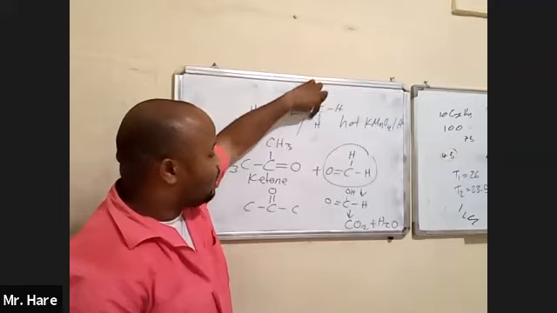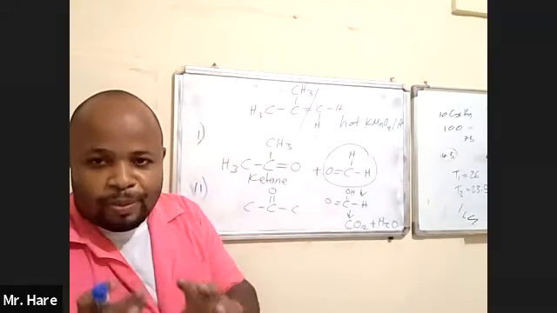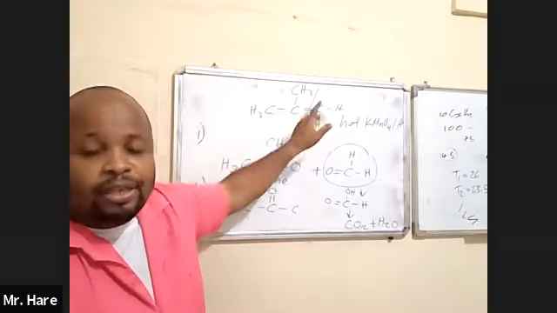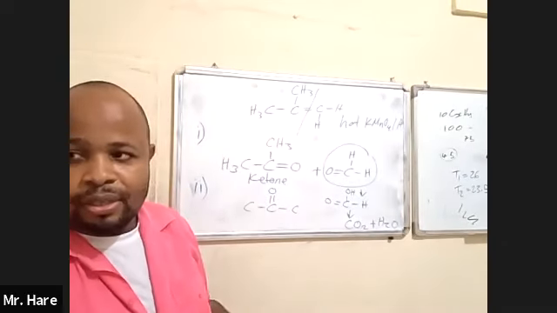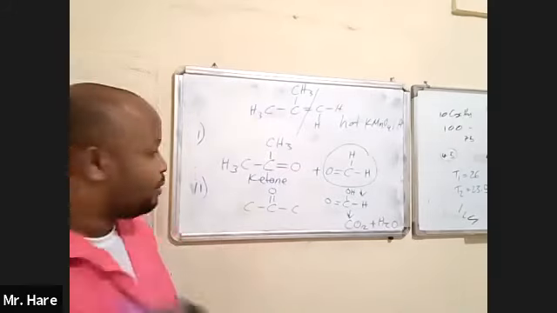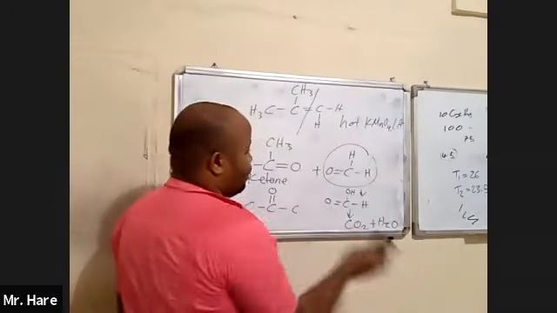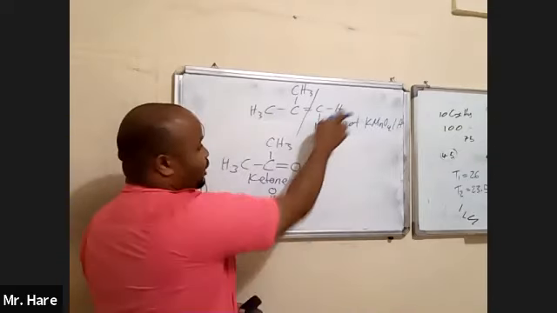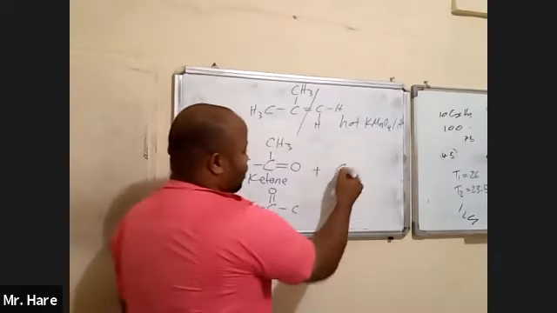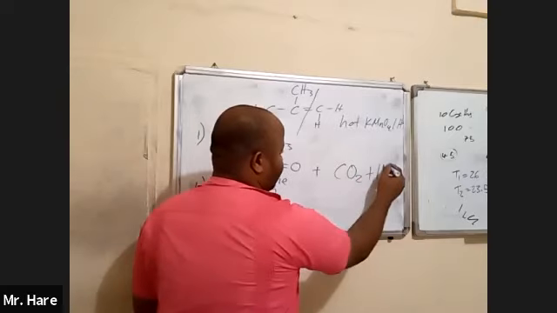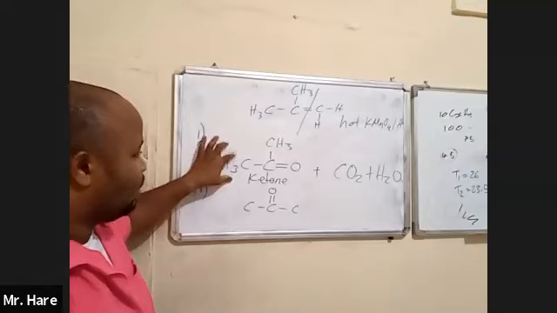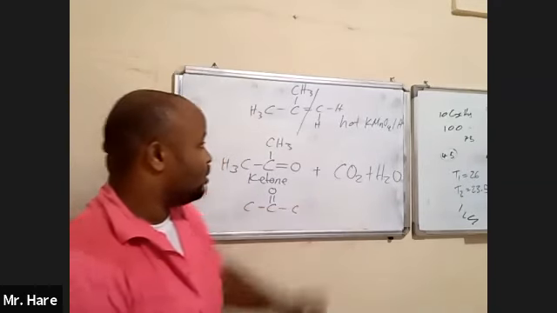Once the carbon has 2 hydrogens, and the only time it will have 2 hydrogens is if the double bond is at the end, you get carbon dioxide and water. So once you spot 2 hydrogens, just know you should get carbon dioxide and water. So the products here are a ketone, carbon dioxide, and water.